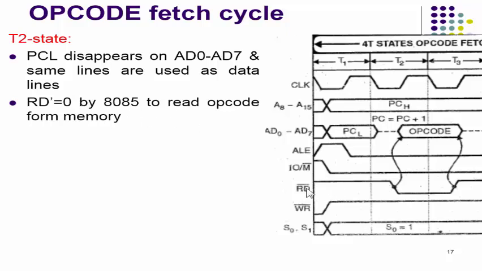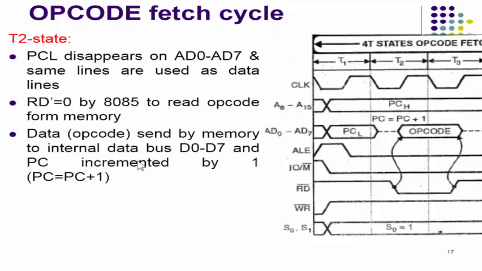Then in the T2 state, the PC higher contents are as they are, but PC lower contents are not available. So in the T2 state, PC lower disappears from AD0 to AD7 and the same lines are used as data lines. In T2 state, the control signal read bar goes from logic 1 to logic 0, to read or fetch the opcode from the memory.